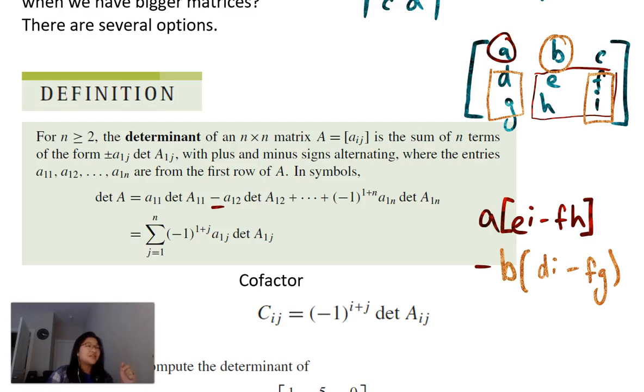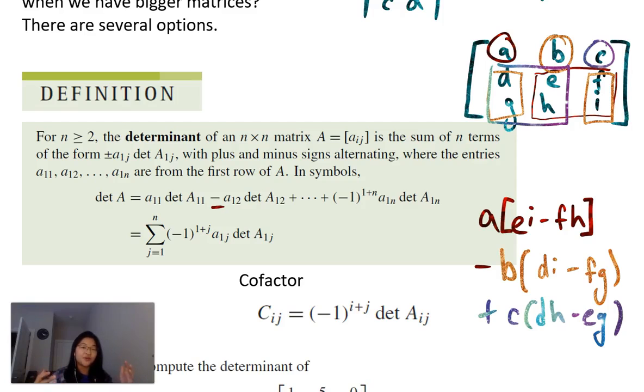Then we also need to alternate, so we're getting plus with this C, and then the submatrix determinant, which is C times DH minus EG. So that's our 3x3 case, but you can also do that for bigger matrices.